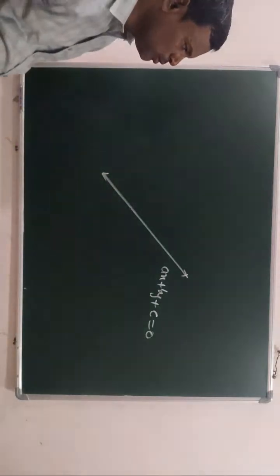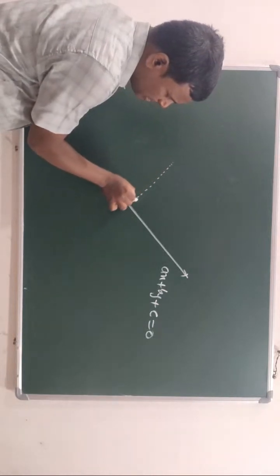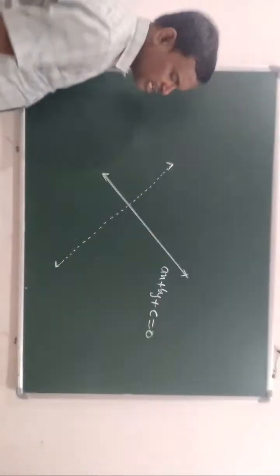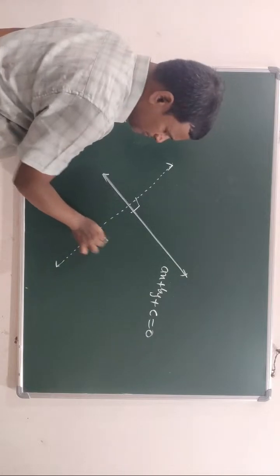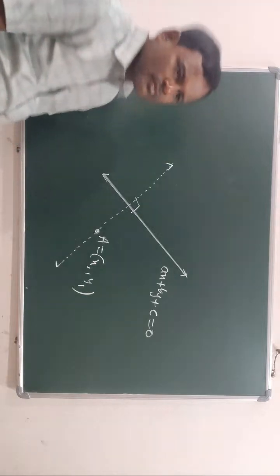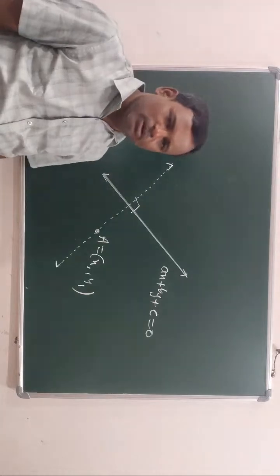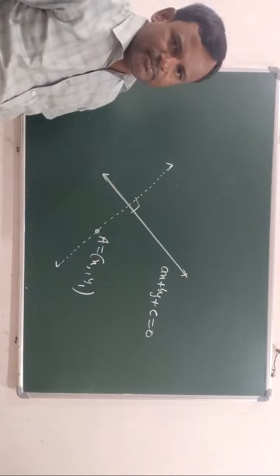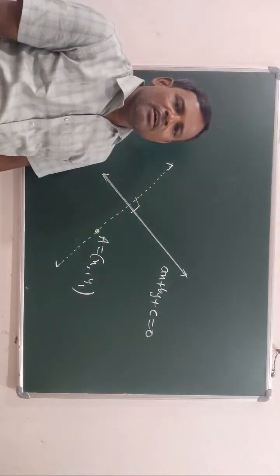Now I am asking you to find a line which is perpendicular to the given line and passing through a point (x1, y1). This is the given line whose equation is ax plus by plus c equal to 0, and this is the line which is perpendicular to the given line and passing through a point (x1, y1).